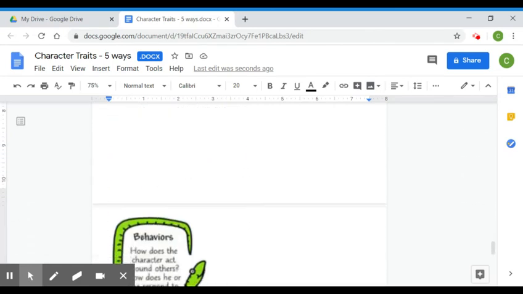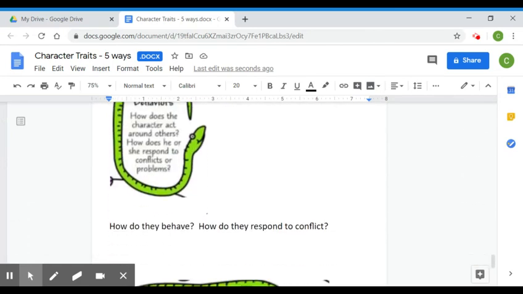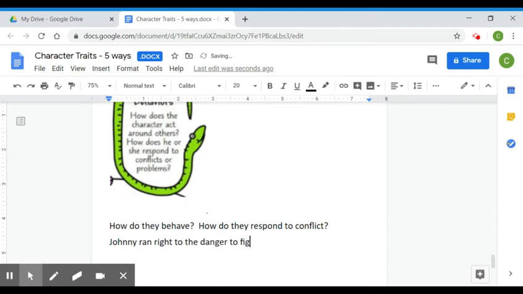So let's keep going. Look at the behaviors. How does the character act around others? How does he or she respond to conflicts or problems? Well, Johnny ran right to the danger to figure things out.